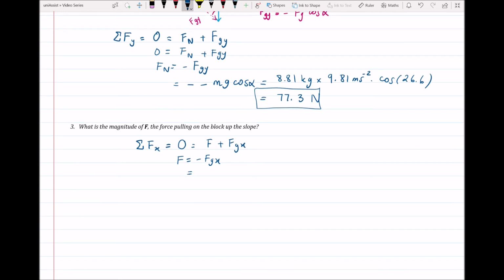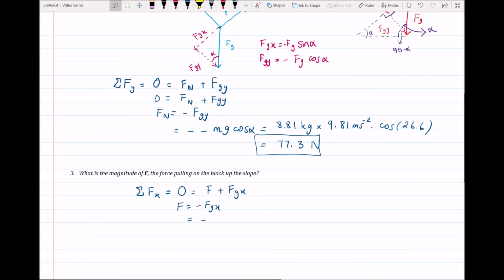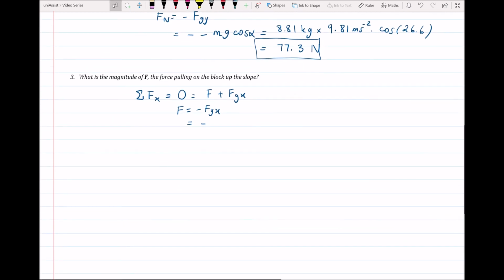which is equal to negative, we've written it up here, let me just write it back again. Negative, because that's how we defined it, Fg multiplied by sine alpha, which is equal to mg, just like we had above, sine alpha.